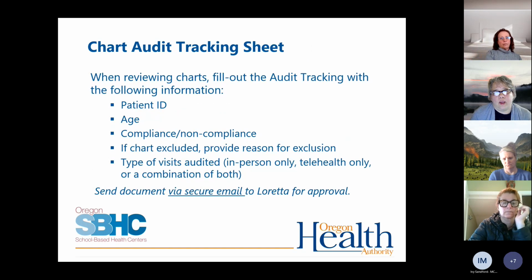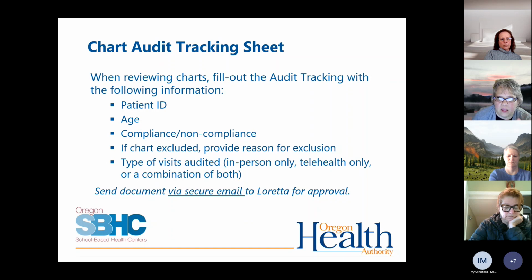On our website, I do have a blank spreadsheet that you can use to fill out the results of each chart that you reviewed. I've got a blank one, and I also have one with fake data populated in it.